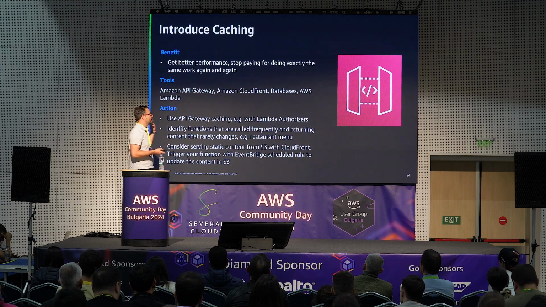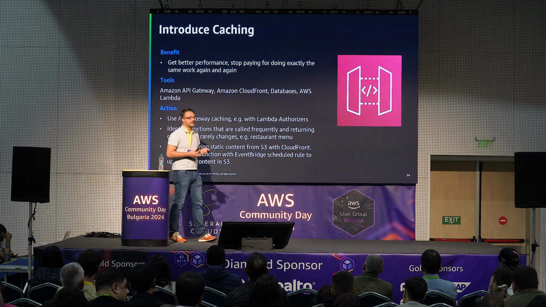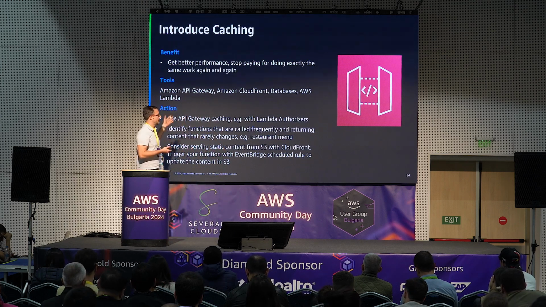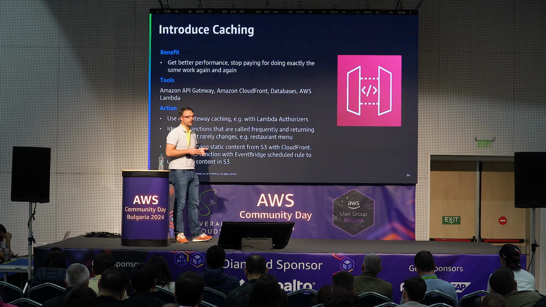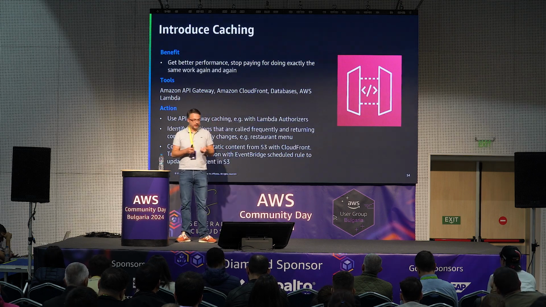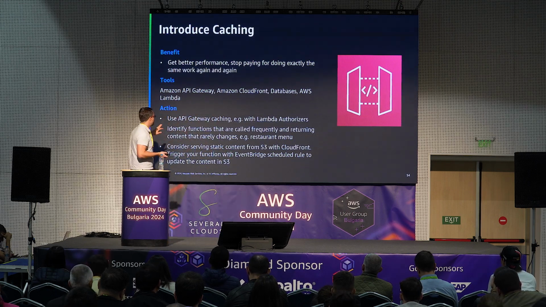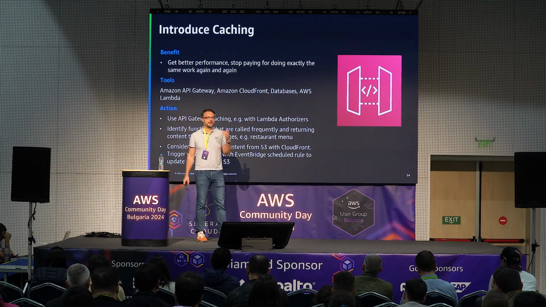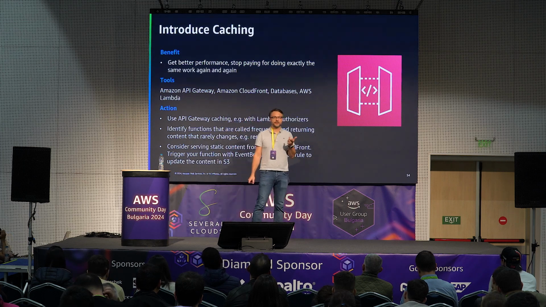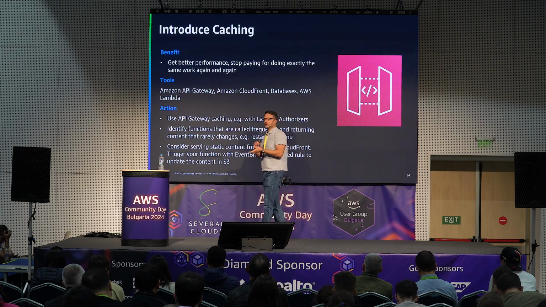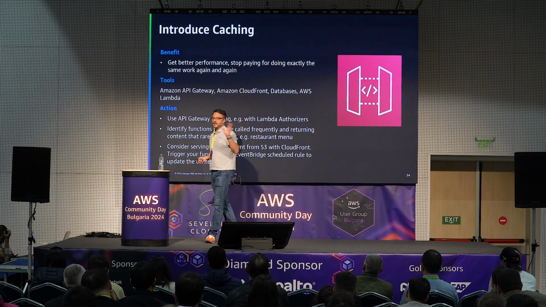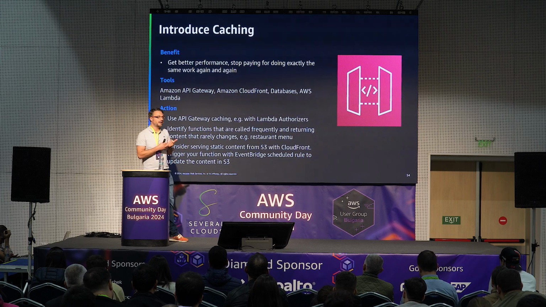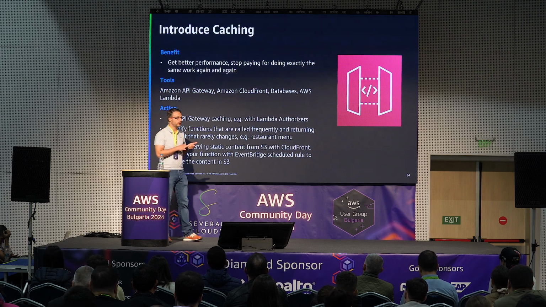Of course, sometimes, especially when we talk about REST API, you can introduce caching, and probably you don't need to invoke a Lambda function for each invocation. There's a quite common scenario, for example, if you use API Gateway with custom Lambda authorizers, where you want to authorize against maybe a third-party IDP provider, and you run this custom Lambda function to do the authorization logic.